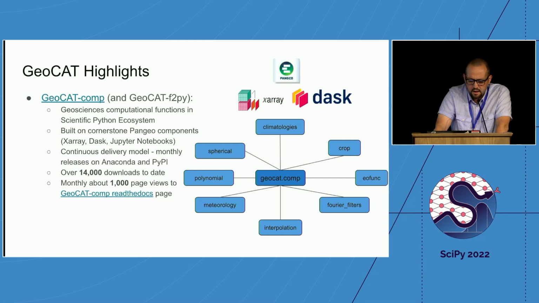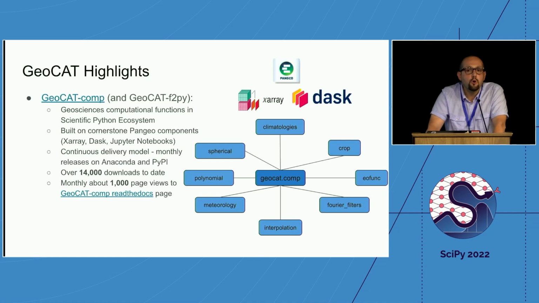On the left-hand side, in the bottom part, you can see some metrics. They are increasing day by day. So we are still in the babyhood steps of making these tools reach a larger user base.